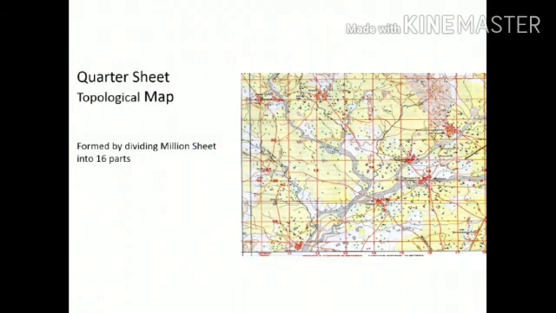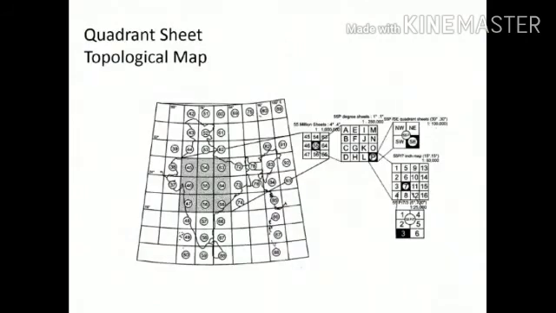Quadrant sheets. A quarter sheet is further subdivided into 16 equal parts. Each part of a quarter sheet is called a quadrant sheet. The extent of each quadrant sheet is 15 minutes of latitude and 15 minutes of longitude.